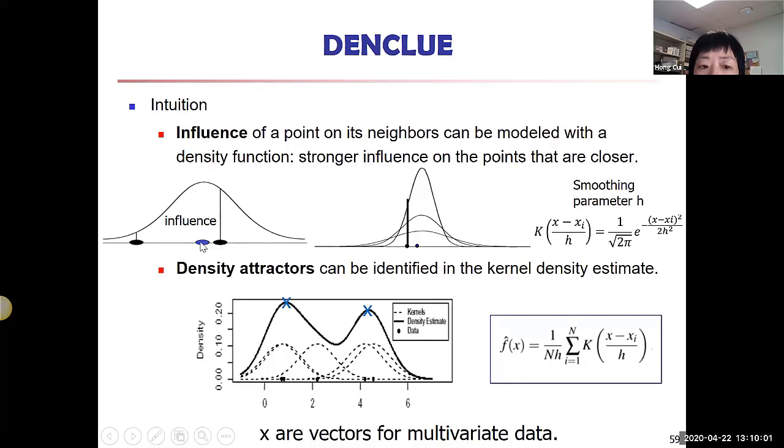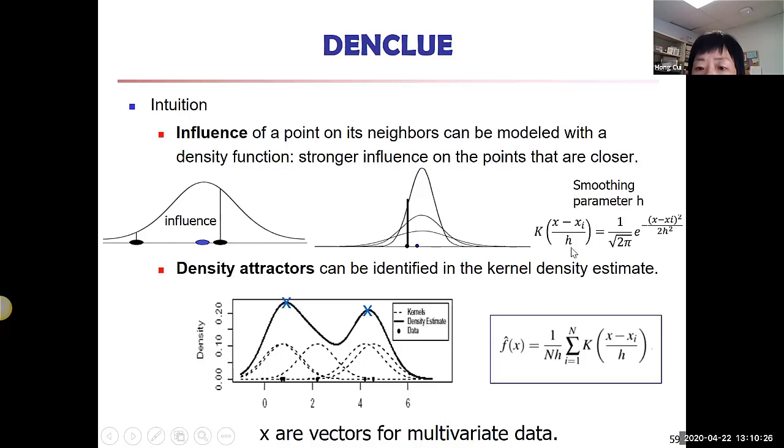This point is closer to this point, so this bar is taller. This point has less influence on this black point because it's far away. So the kernel function allows us to model the influence: the points will have more influence on the points that are closer to them.